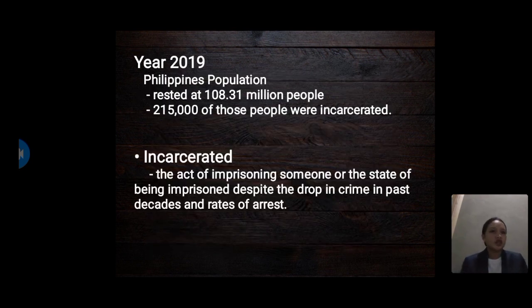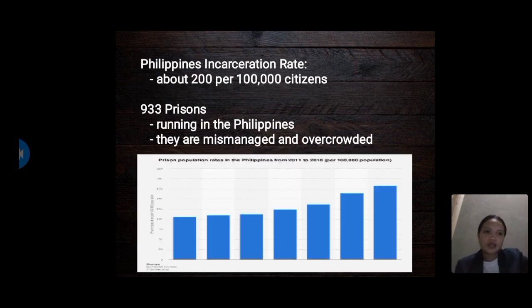In the year 2019, the Philippine population rested at 108.31 million people. 215,000 of those people were incarcerated. Incarcerated means the act of imprisoning someone or the state of being imprisoned, despite the drop in crime in past decades and rates of arrest.